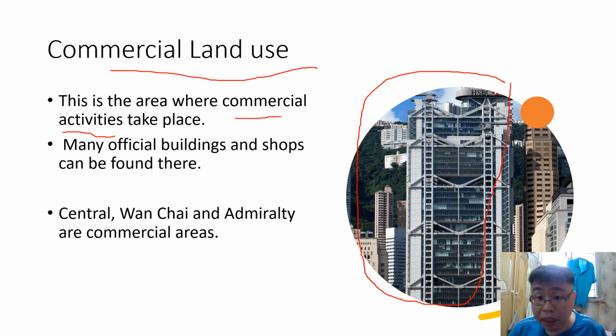And around these commercial buildings, there are many shops, such as shops selling the sewage products, or shops selling cars, because people or the office workers working in these commercial areas are wealthy, and so they have huge spending power. And Central, Wan Chai, and Admiralty are commercial areas.